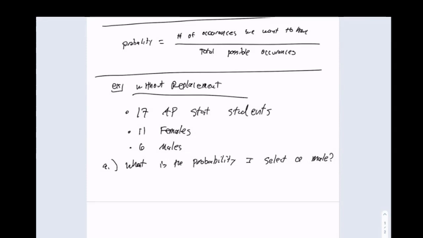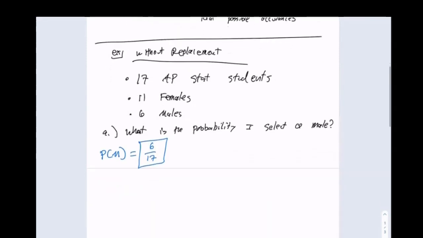We need to show our work. Showing the work is far more important. The answer is 6 over 17. The probability that I select a male is 6 over 17. I don't care what the decimal is, unless it's a multiple choice question where I have to look it up. I'm just going to keep it at 6 over 17.